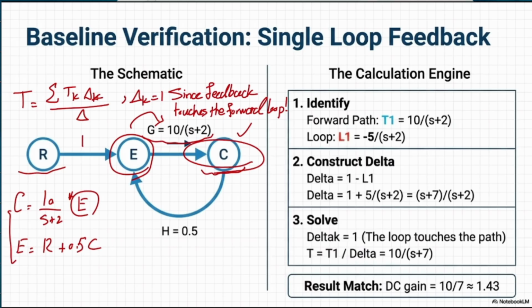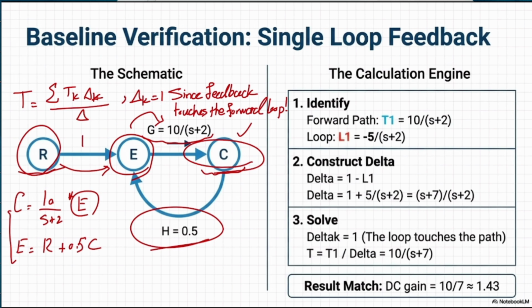Obviously not, because I would like to find the relationship between C and R, not C and E. So what is E? Again, I have to look at whatever signal comes to it. If I assume that R is my input signal multiplied by the gain of the branch, which is 1, E is going to be R plus whatever comes from C itself.